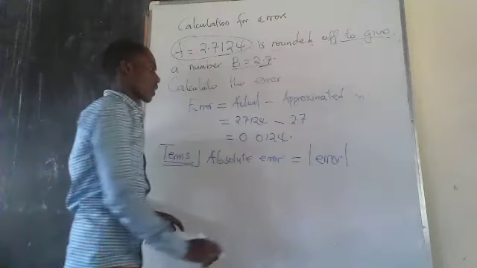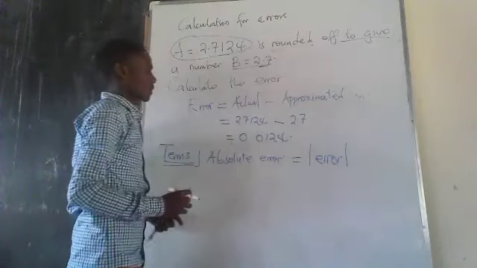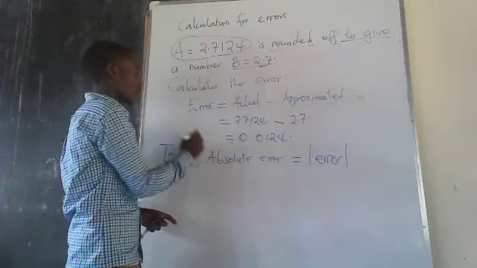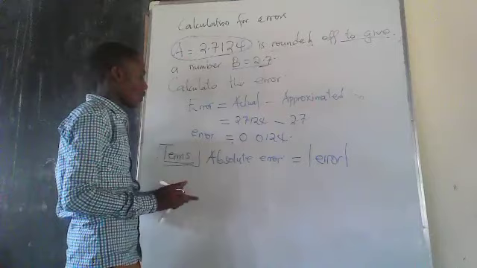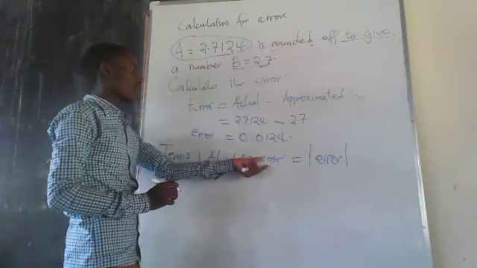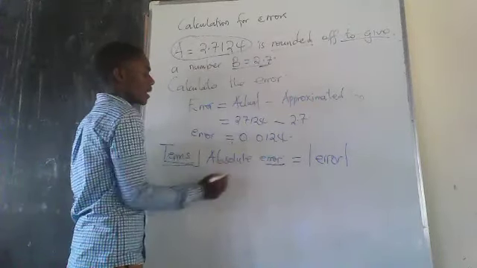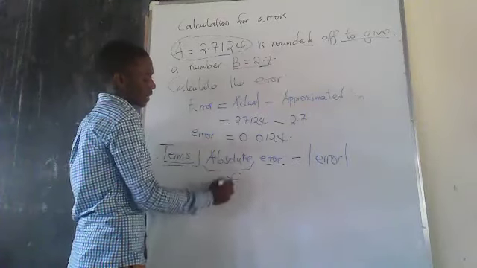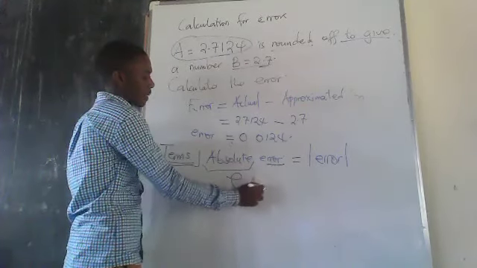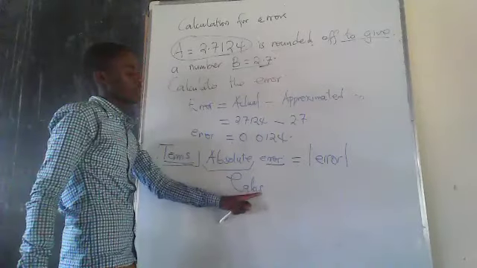So what was our error? We have got the error above, but now we want to get absolute error. So on the word error, we are adding the word absolute. Most times you write it as E-abs, which means error absolute.